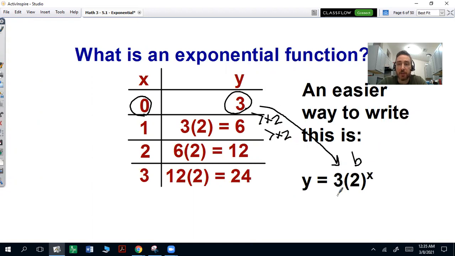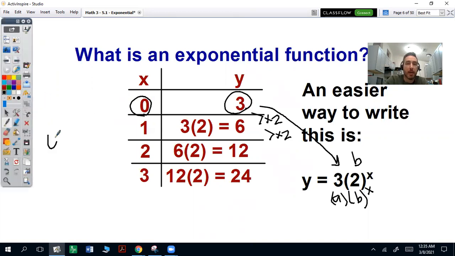We call this 3 the a value, a times b, and then we raise it to the x power. And the x power just means how many times you're multiplying it to get to a certain point in the function. So the generic form is y equals a(b)^x, where a is the starting amount and b is the base.